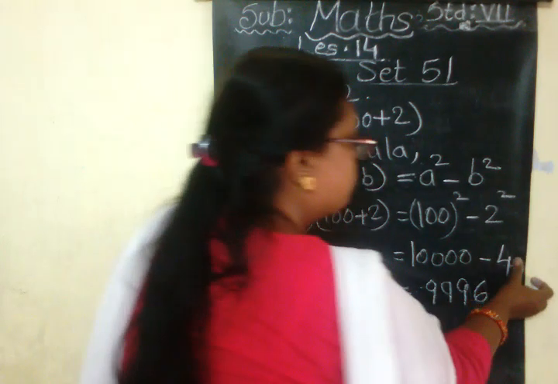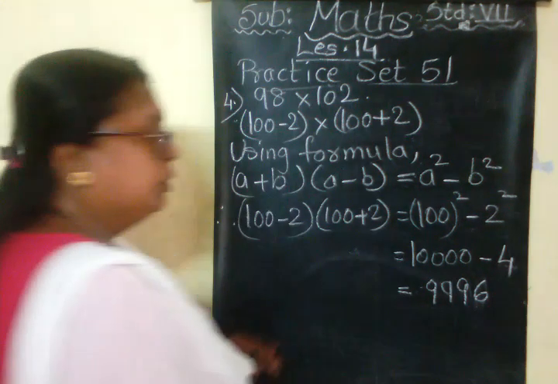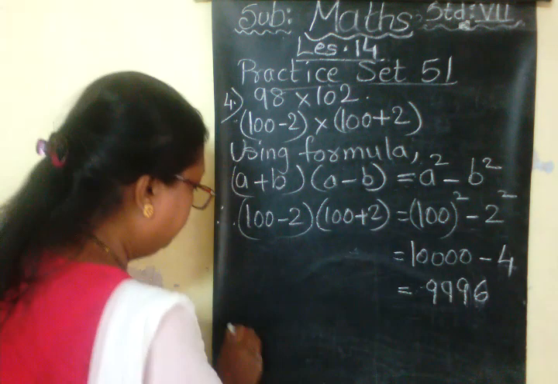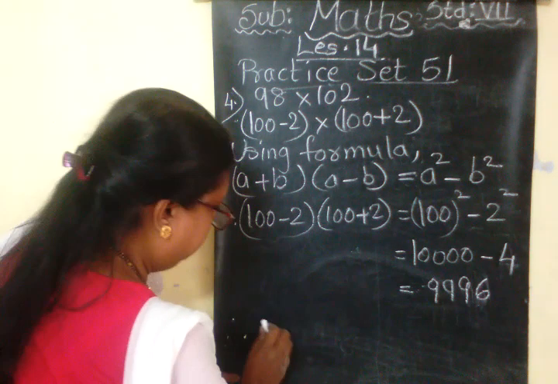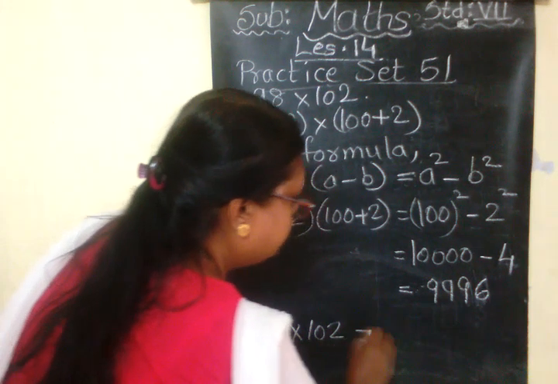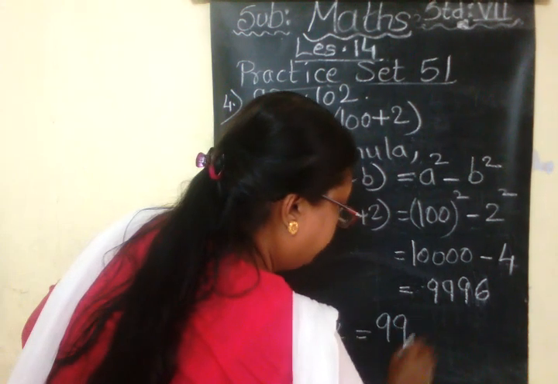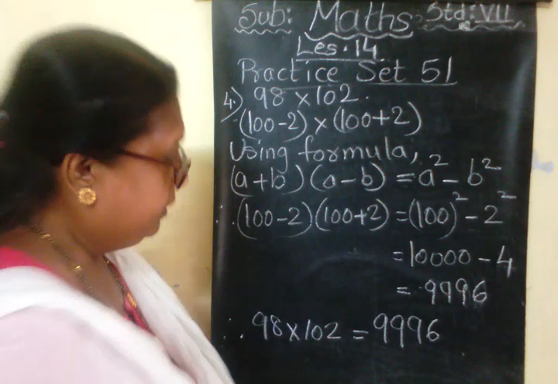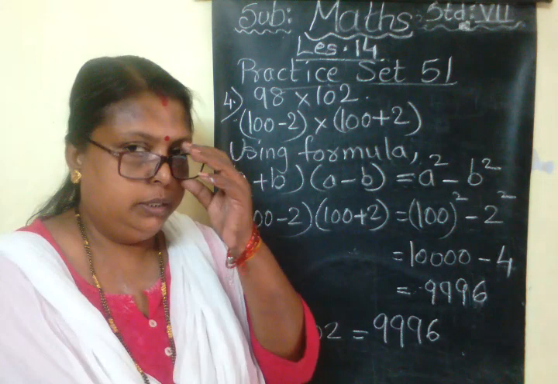Okay. So 2 square is 4. So the answer is 9,996. Therefore 98 multiplied by 102 is equal to 9,996. Okay. So got the answer, children?